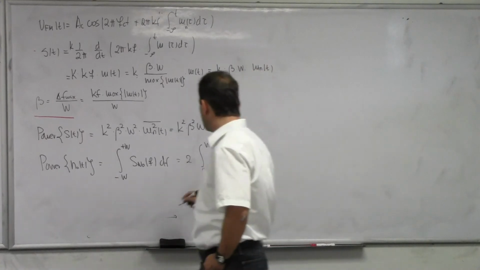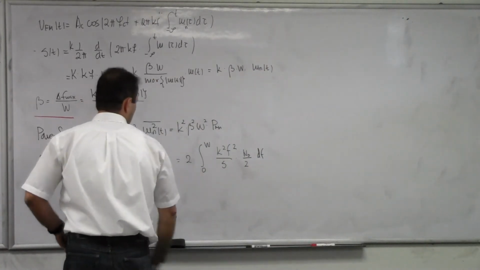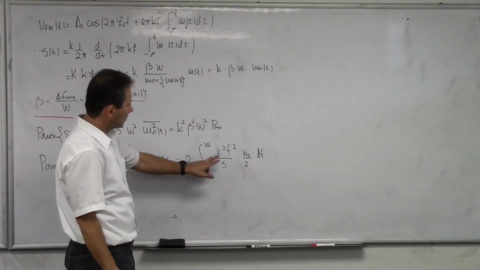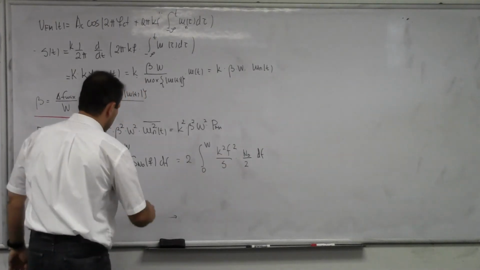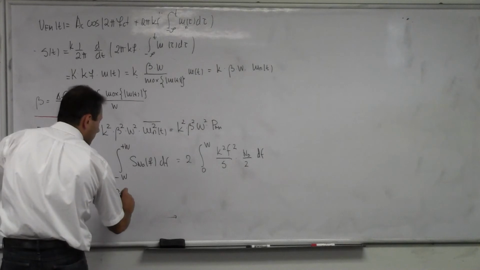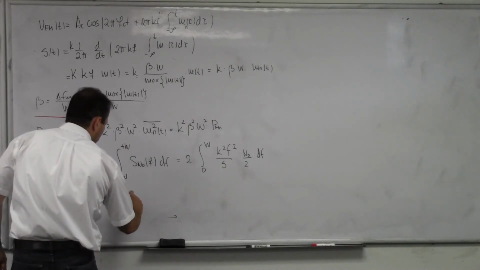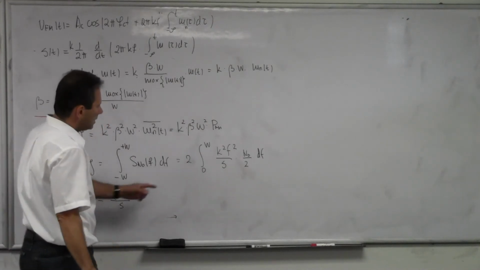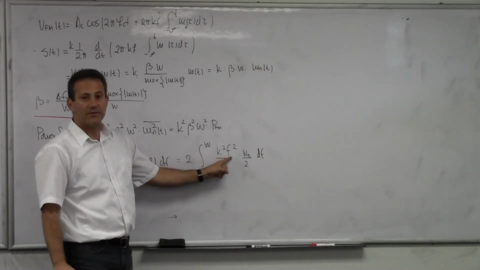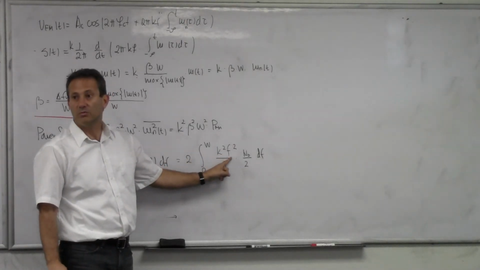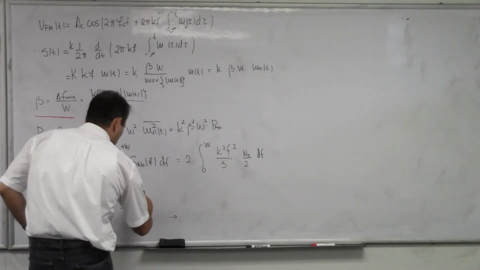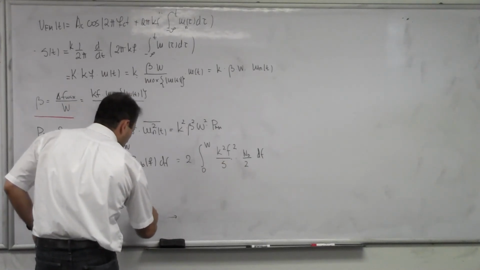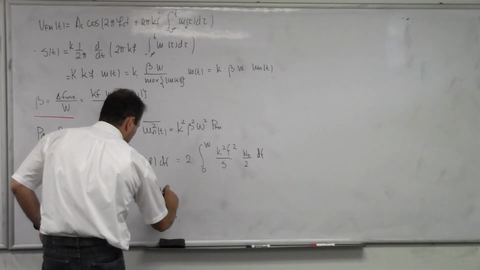So let's take everything out that does not depend on F. Obviously K squared goes out, S goes out, N0, and these 2 and 2 cancel. So I have K squared N0 over S. The integral from 0 to W of F squared is going to be F cubed over 3, right? So it's F cubed over 3 from 0 to W.